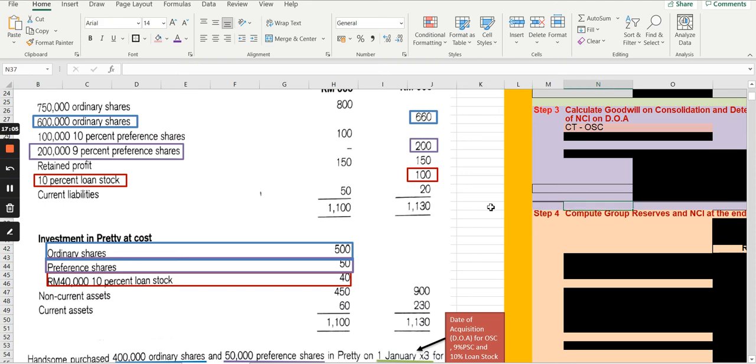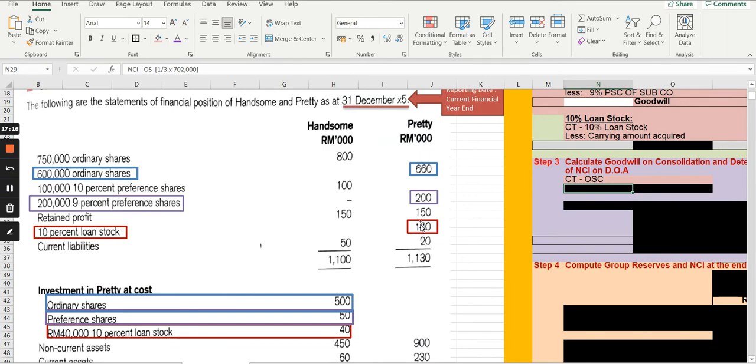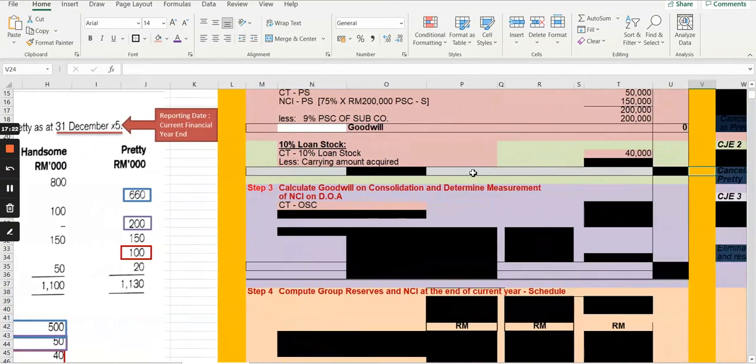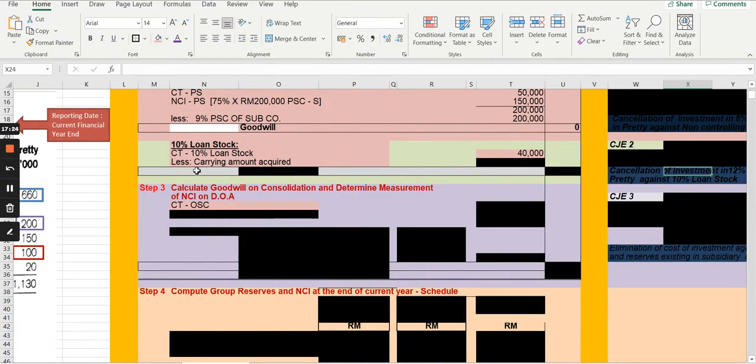And then look at the carrying value of the debenture that you have. It is 100,000. What you need to do is take that 100,000 and multiply it with the percentage of the amount acquired. Take the carrying amount and multiply with the amount acquired.